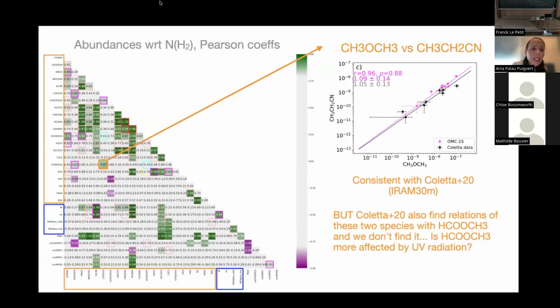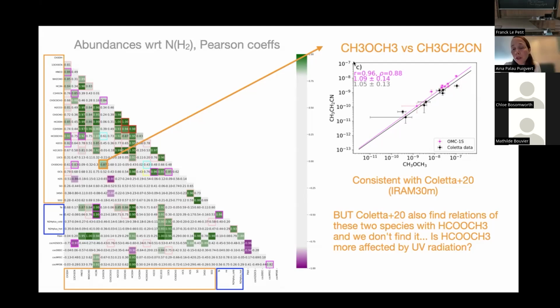So after gathering all this data, we built a correlogram to try to find potential correlations between, highlighted in orange, the hot corino properties of column densities and abundances of the different molecules, and highlighted in blue, the ambient cloud properties. So just mentioning a couple of cases where we have seen interesting things. We recovered the well-known relation of dimethyl ether with ethyl cyanide.